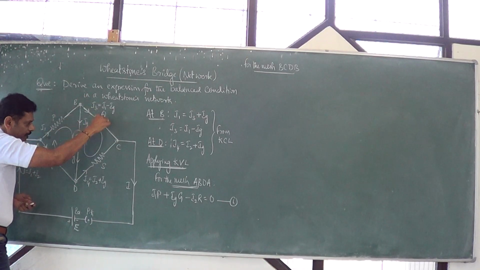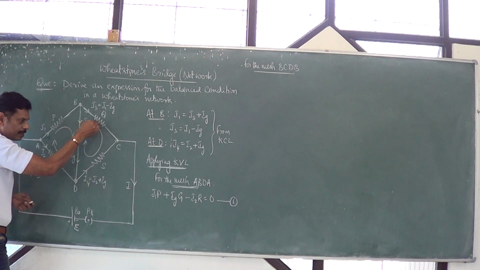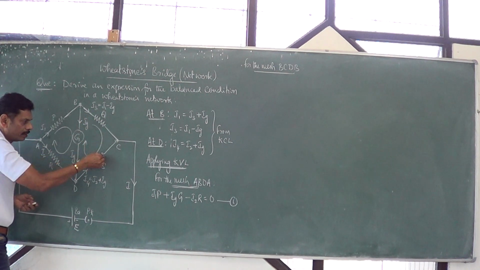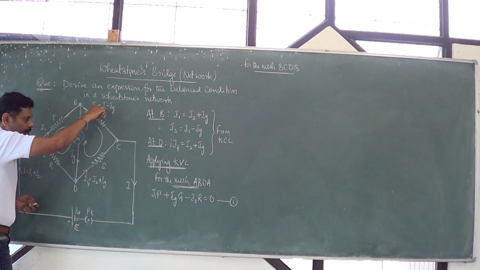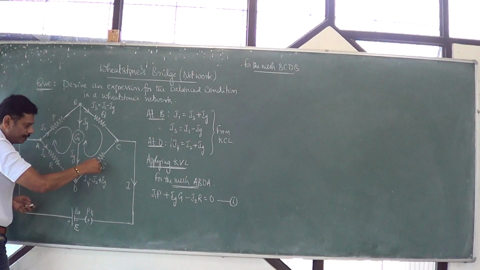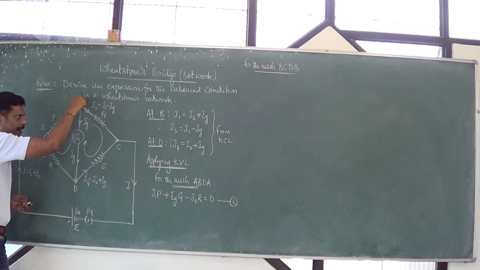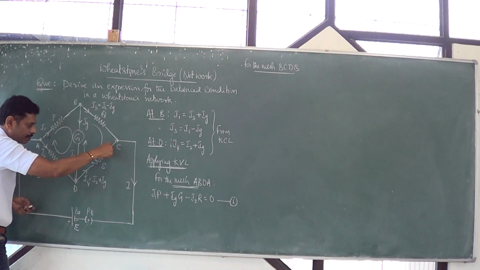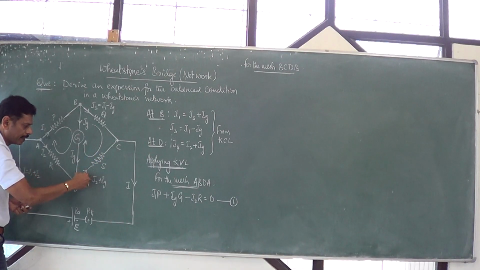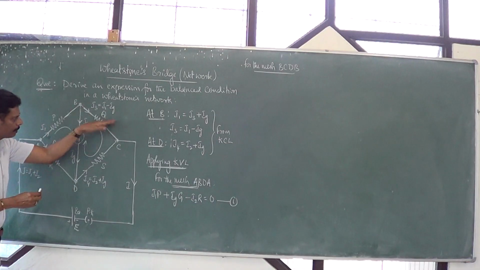Whichever currents flow in my direction, we take as positive. Opposite direction currents are taken as negative. I3 positive, I4 negative, Ig negative. Again I can repeat: I3 positive, same direction. Opposite direction I4 negative. Opposite direction Ig negative. Then multiply with the resistance.